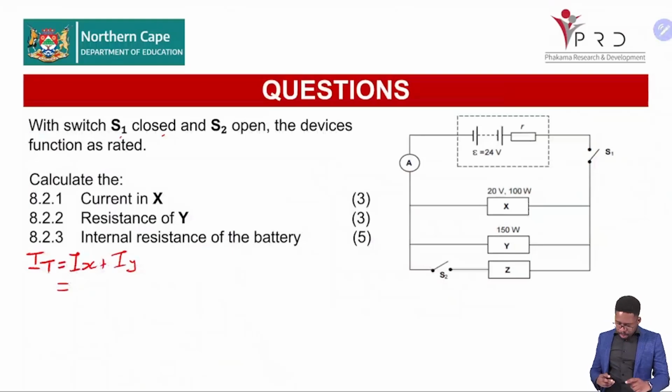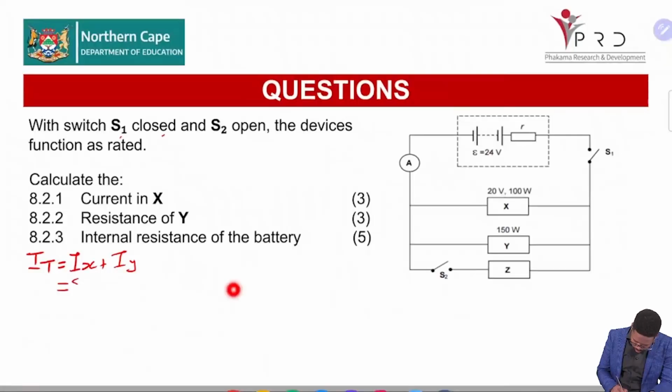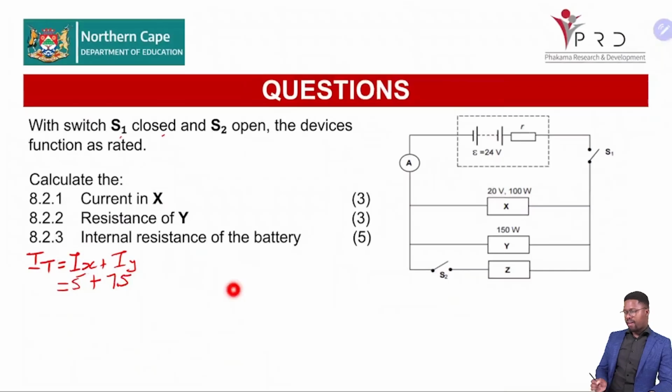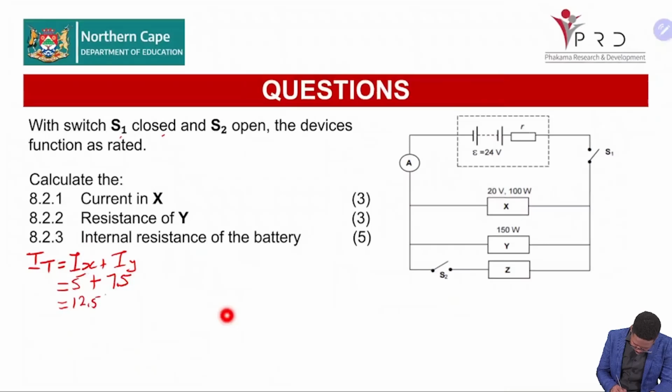It was 5 amperes. So current at X is 5 amperes, plus the current at Y, 7.5 from the previous slide. Then you add them, 5 plus 7.5. What will be your answer? 12.5 amperes. Now I have the total current.